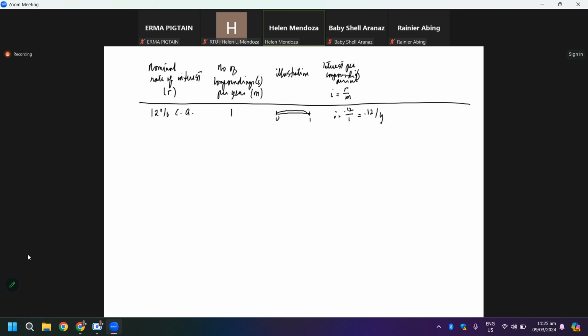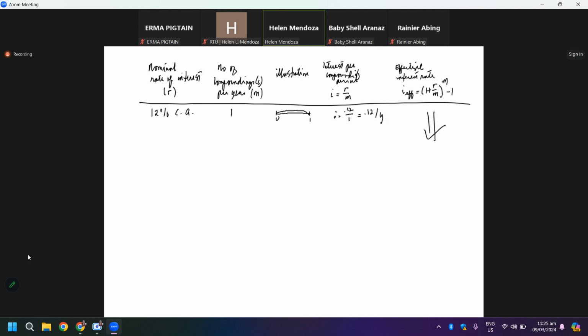Now, of course, we would like to see the effect of the number of compoundings on what we call the effective interest rate. This effective interest rate is written as I effective, which is 1 plus R over M raised to M, minus 1. Effective interest rate is the actual interest rate of the investment or of the loan for 1 year.